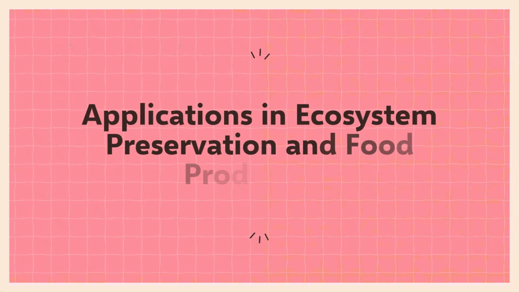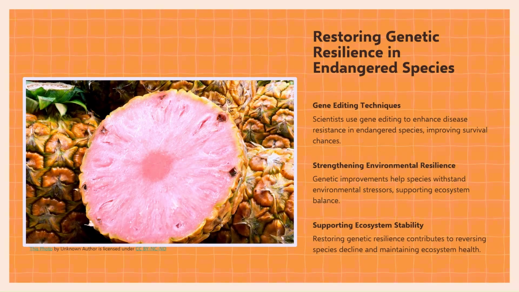Then we have the application in ecosystems and food security, restoring genetic resilience in endangered species. By editing genes, scientists can increase resistance to diseases and environmental stressors by modifying crops and organisms to enhance them against climate stressors.